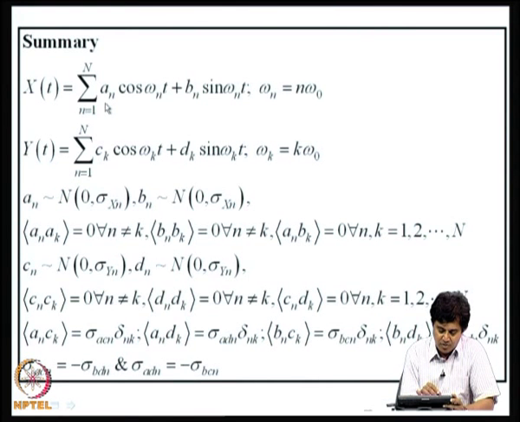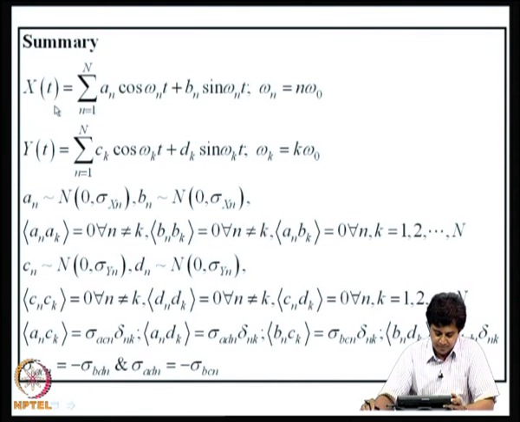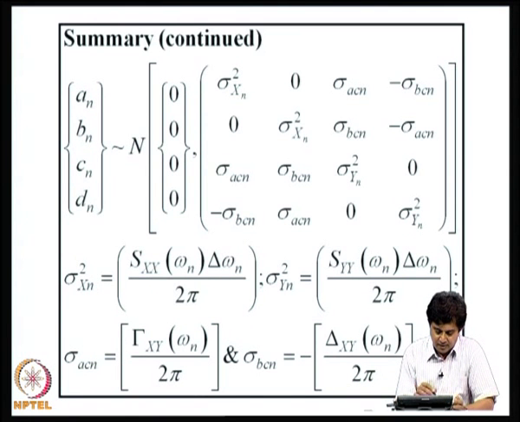Once we are able to simulate An, Bn, Cn, Dn according to this prescription, we will be able to simulate x and y. So, the summary is this: An, Bn, Cn, Dn are 4-dimensional normal random variables with 0 mean and covariance given by this. So, to implement the method we should be able to simulate samples of An, Bn, Cn, Dn according to this prescription.